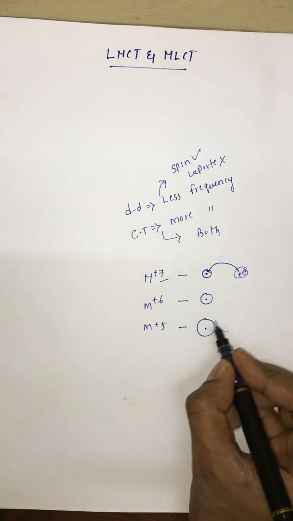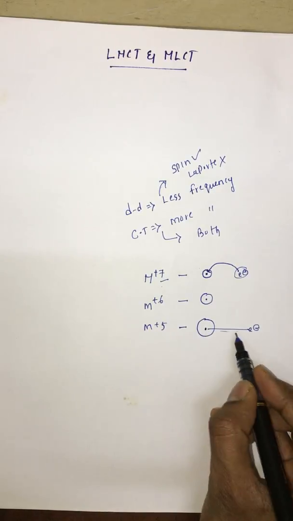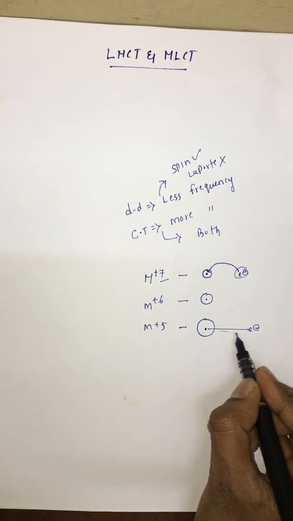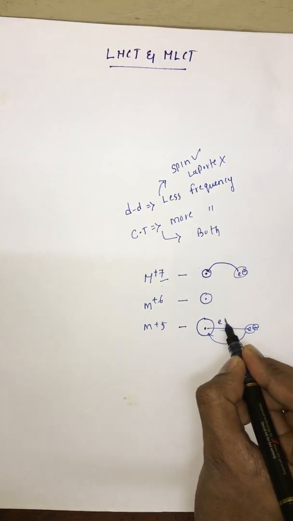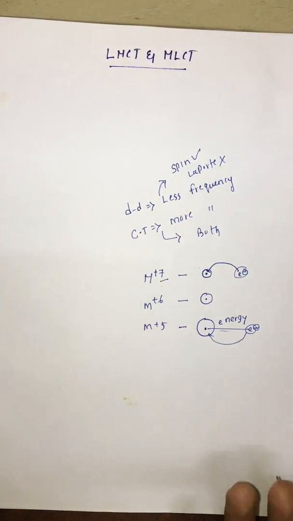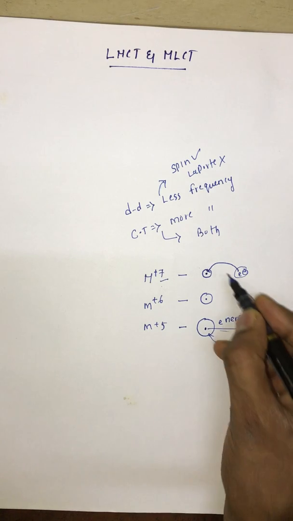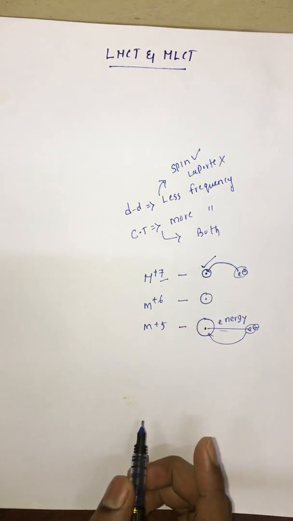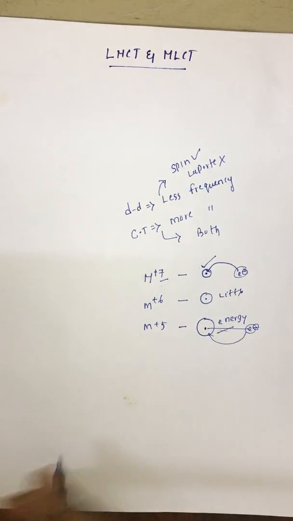Whereas in this case the distance is more, so it cannot attract this electron. For that we need to give some energy. In this case, where size is more, we need to give some energy. Here we need not give any energy, but here we need to give a little energy, and here we need to give more energy.